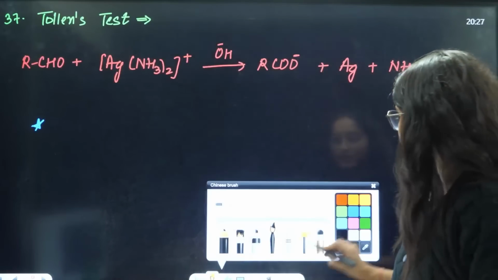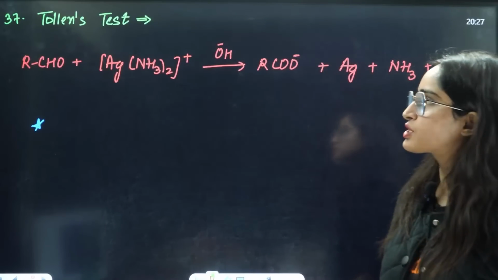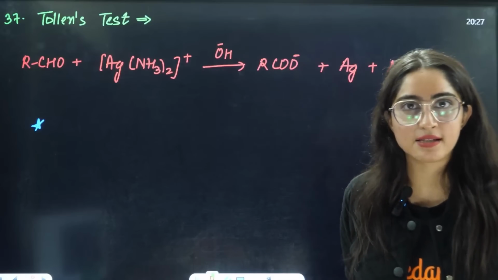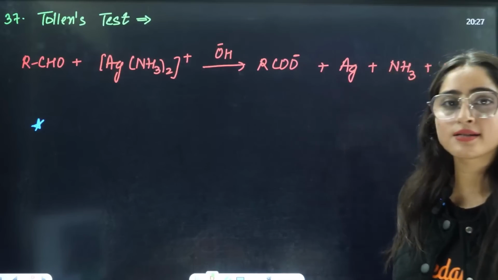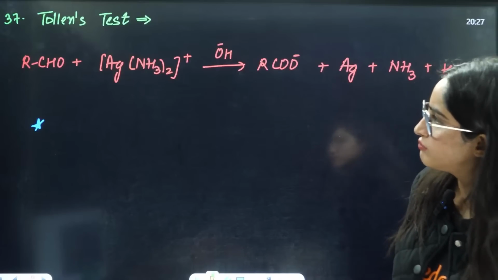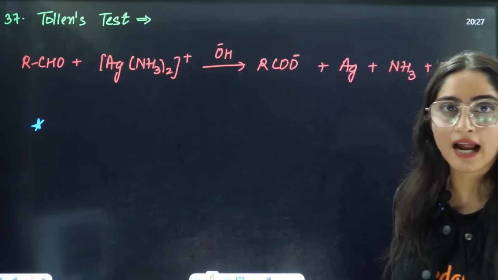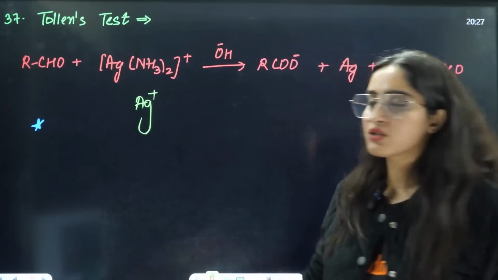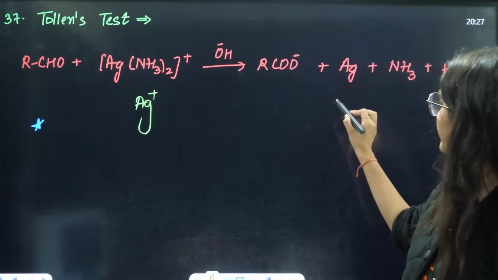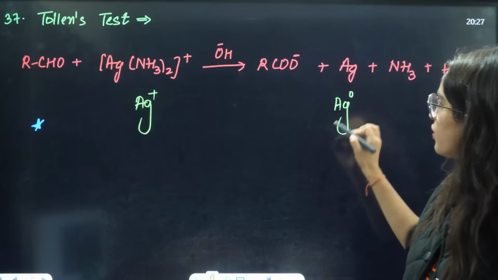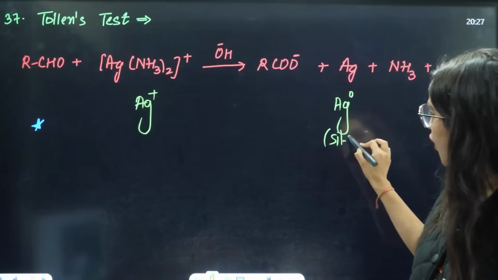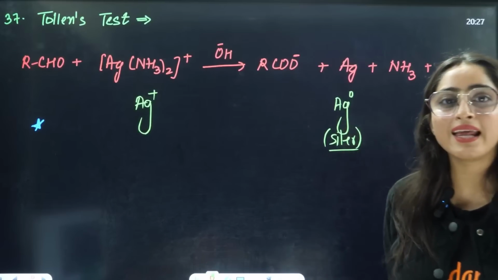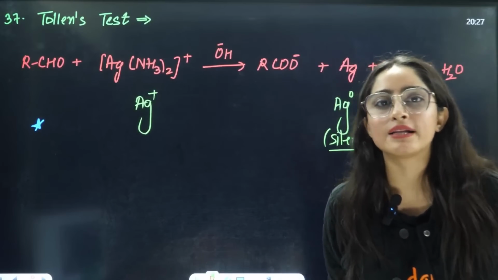Now, next are 2-3 distinguishing tests that we have. Tollens test. Basically, it is silver nitrate, and if you see the oxidation number, that is Ag positive, and here you have Ag 0. So this silver mirror is formed in the Tollens test. Aldehydes will give the Tollens test.